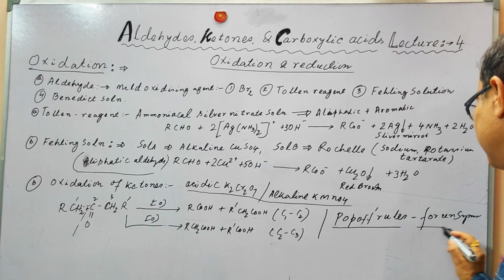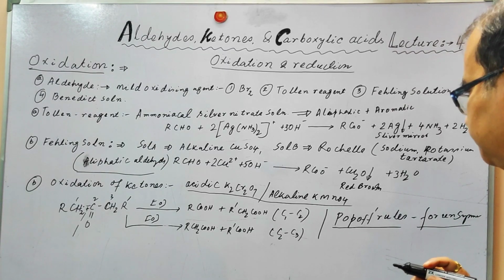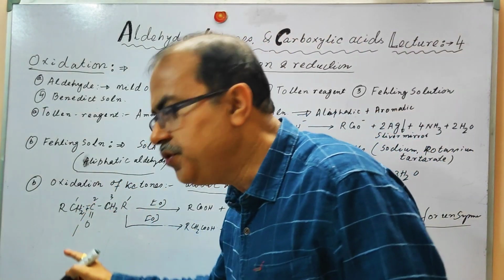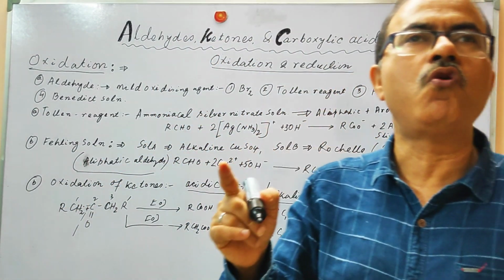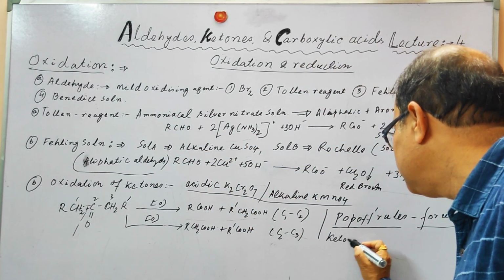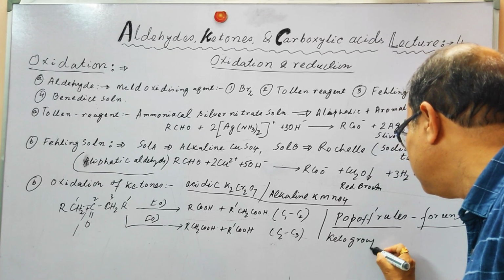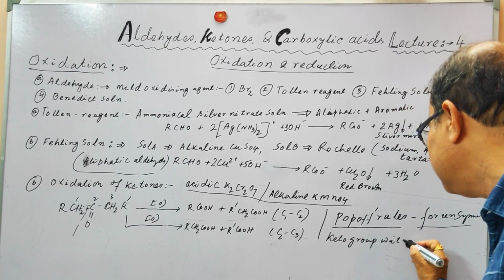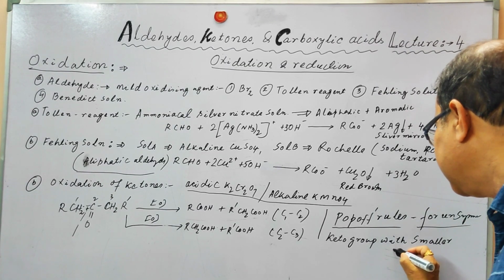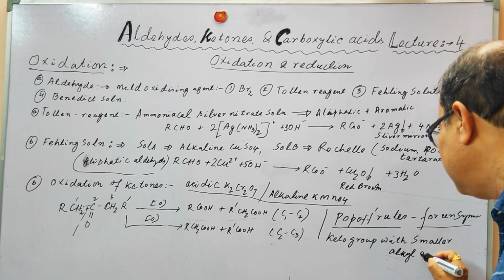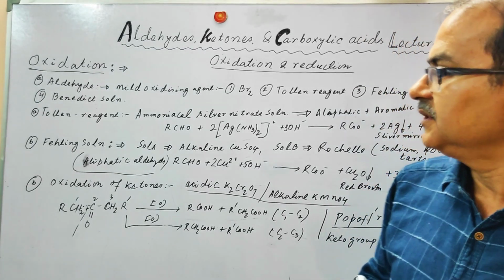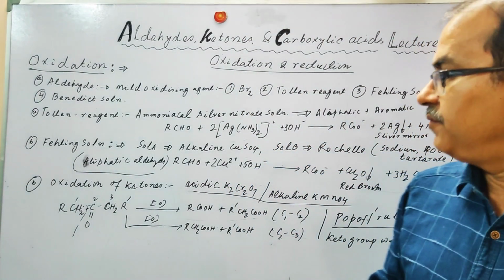So for unsymmetric ketones, the rule is this: the keto group will always stay with the smaller alkyl group. So this is the oxidation of the ketones.